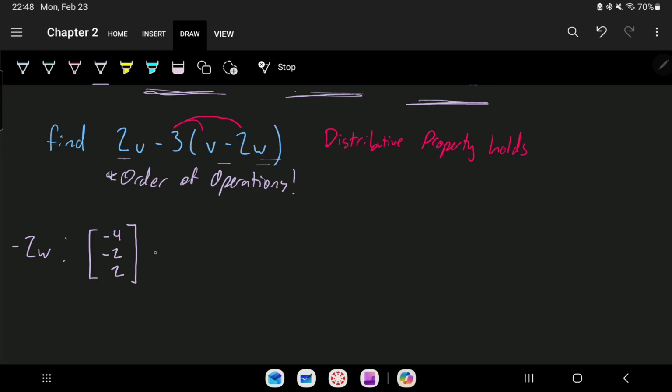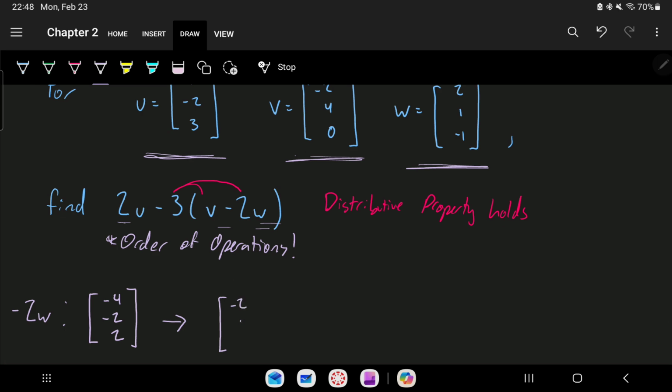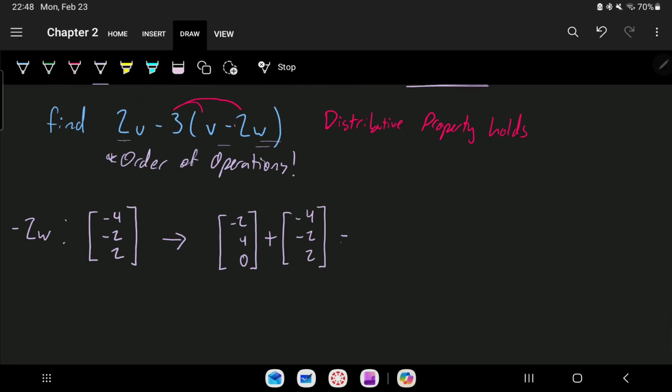And then if we add that to v, v is negative 2, 4, 0. You'll notice since I took that subtraction sign as a negative into this negative 2w, we're going to add these. It's that additive inverse coming in. So the contents of the parentheses are going to be negative 6, 4 plus negative 2 is 2, and 0 plus 2 is 2. So this right here is equal to this section.